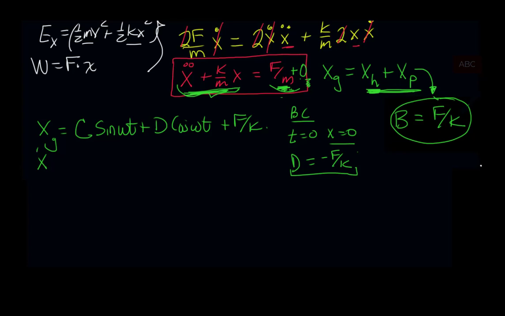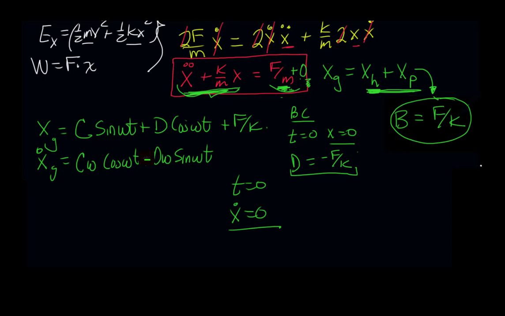If we take the next derivative of this, we get c omega cosine of omega t minus d omega sine omega t plus 0. And we have another boundary condition here. At t equal to 0, x dot was 0. It started from rest. So sine of 0 is 0. Cosine of 0 is 1.